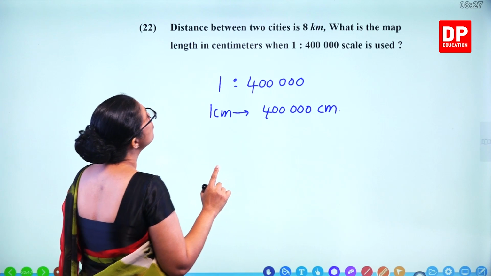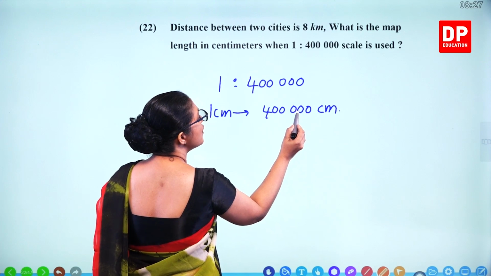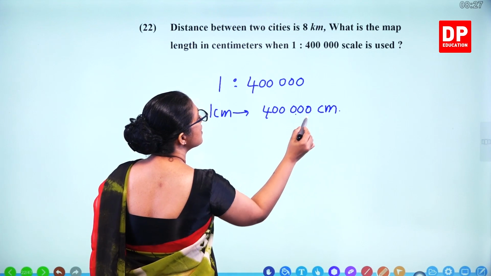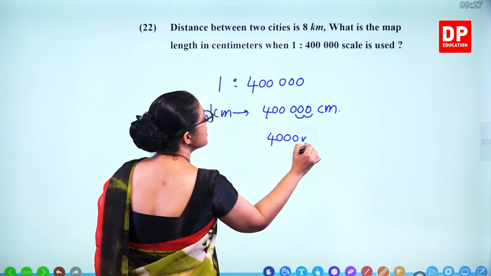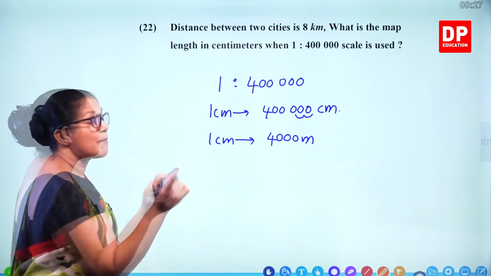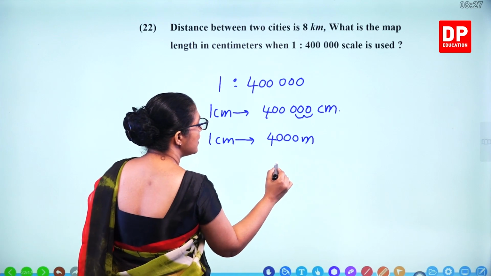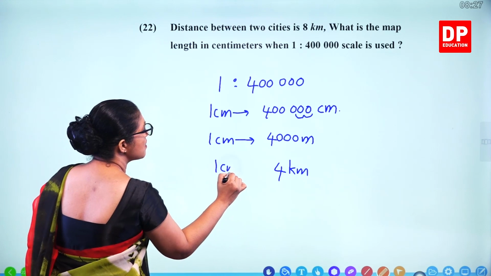So convert to kilometers. First you have to divide by 100 to convert to meters. So you get 4,000 meters is 1 centimeter. Then convert to kilometers, so you have to divide by 1,000. So 4 kilometers is 1 centimeter.